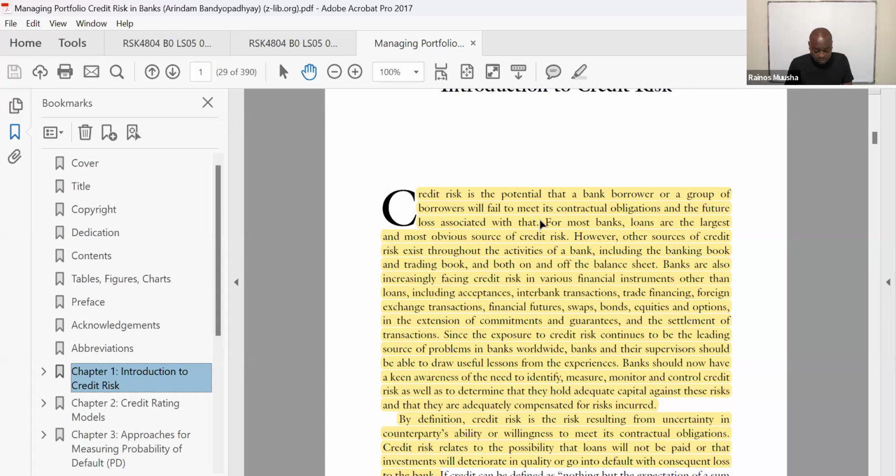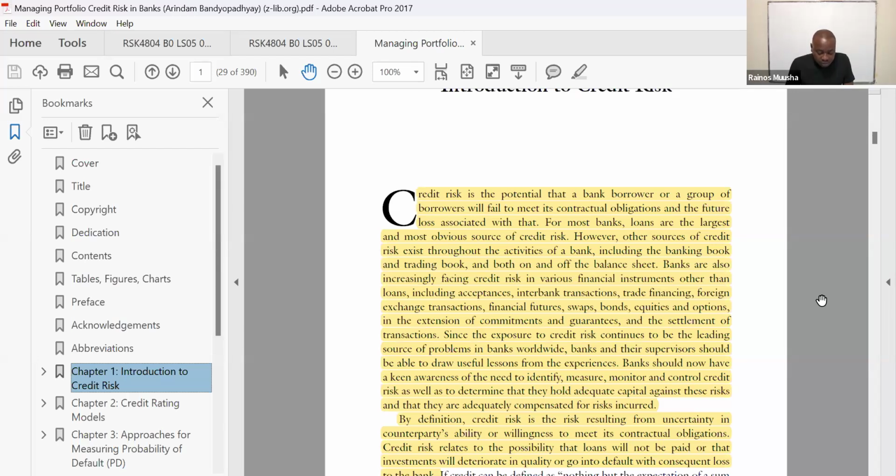Credit risk. So for most banks, loans are the largest and most obvious source of credit risk. However, other sources of credit risk exist throughout the activities of a bank, including the banking book and trading book, and both on and off the balance sheet.